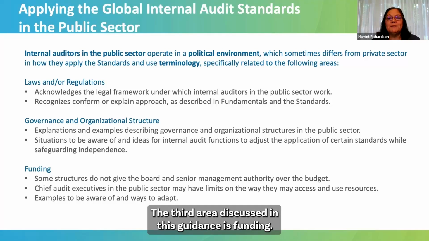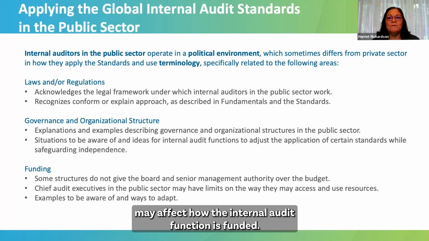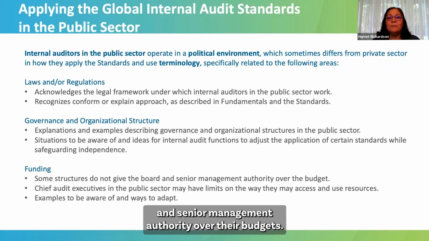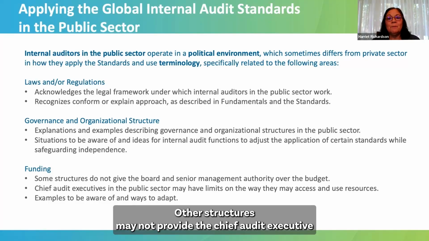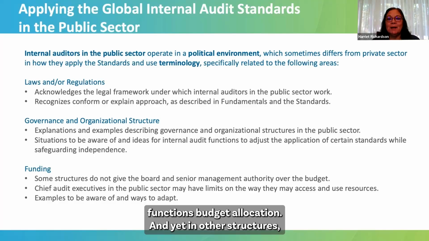The third area discussed in this guidance is funding. It recognizes that the governance and organizational structures may affect how the internal audit function is funded. For example, some structures do not give the board and senior management authority over their budgets. Other structures may not provide the chief audit executive the ability to seek board approval of the internal audit function's budget allocation.